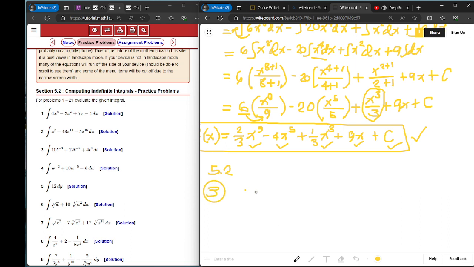So just one last. Okay, we have the integral of 10t to the negative 3 plus 12t to the negative 9 plus 4t cubed, derivative of t.